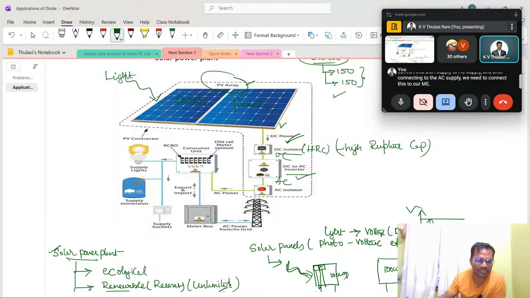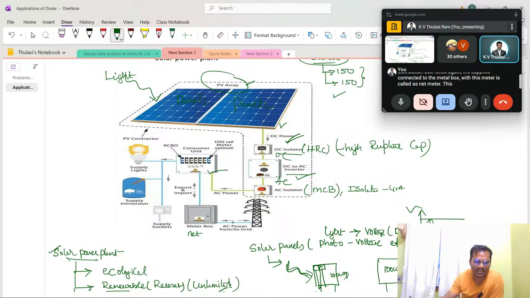This is called the AC isolator, which we will discuss in the next class. Here we will use MCBs, as well as isolators of the required 40 ampere or 100 ampere rating. After the isolator, we connect to the distribution box. From this distribution box, the supply is connected to the meter box, where the meter is called a net meter.